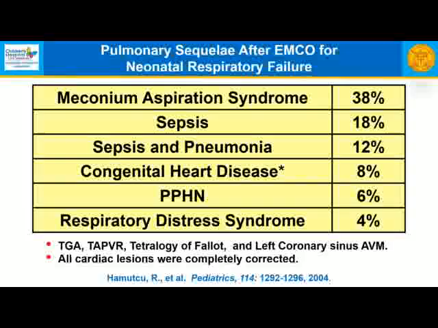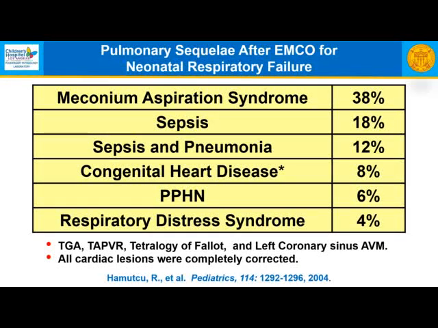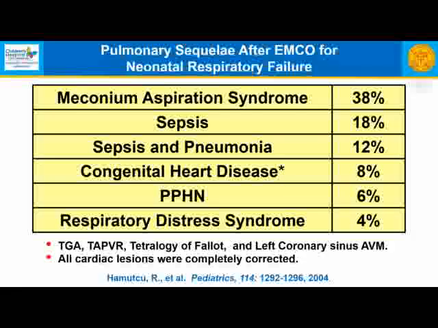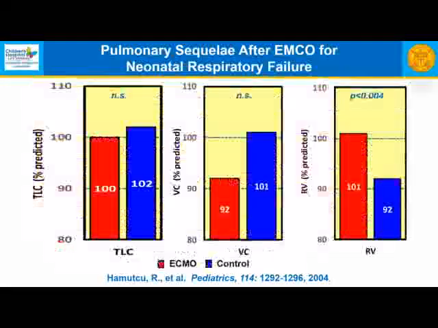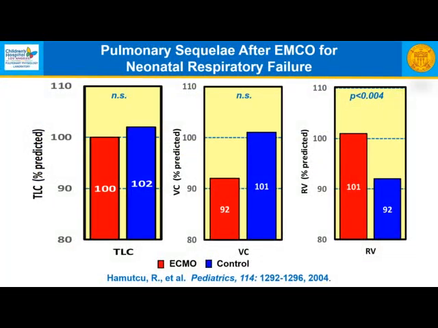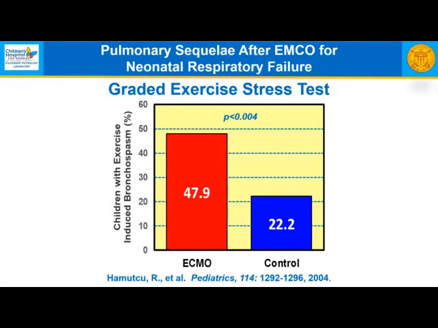The reasons for ECMO in these babies were primarily meconium aspiration syndrome, some sepsis and pneumonia, few congenital heart disease, persistent pulmonary hypertension of the newborn, and respiratory distress syndrome. In her study, total lung capacity was not different, vital capacity was not significant, but they were hyperinflated. They did show decreases in flow rates, and the children who had exercise-induced bronchospasm was significantly greater in the ECMO group than in the control group.